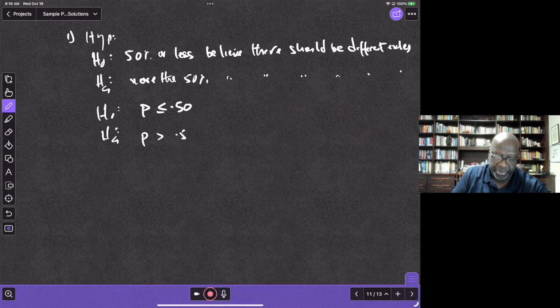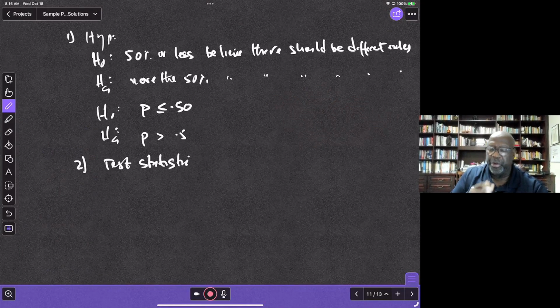Since we're doing proportions, step two, our test statistic. Now you recall that we have a rule that allows us to determine if you can use a normal approximation to a binomial. This is a binomial problem. Either you agree or you disagree that the rules should be different. The rule was that n times p must be greater than or equal to 5, and n times 1 minus p must be greater than or equal to 5.